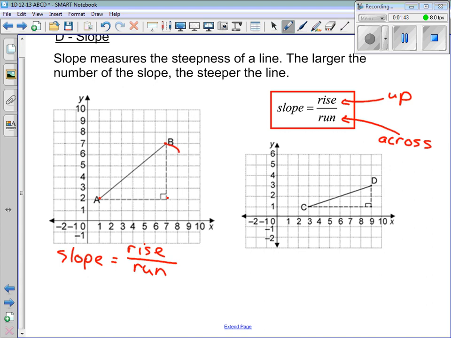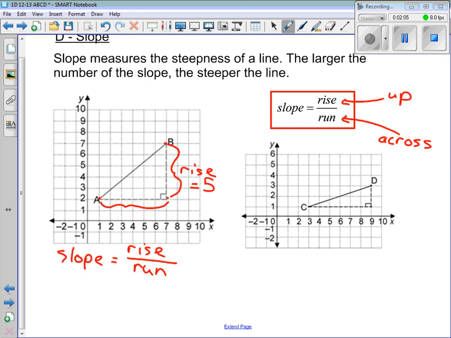The amount that it goes up, or this side of the triangle, is our rise. So how much is our rise here? Well, this thing goes up by, we can just count the boxes. 1, 2, 3, 4, 5. So our rise for this line is 5. How much does this line go across?